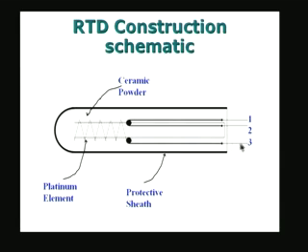In this case, I have shown a 3-wire arrangement. That means there are 2 terminals coming from this point, 1 and 2, and there is a 3rd one. Sometimes we also have a 4-wire RTD, in which case there will be 1 more wire coming out from this side. I will explain later why we have the 3 lead arrangement and the 4 lead arrangement. That will become clear when we talk more about the method of measurement of the resistance itself.